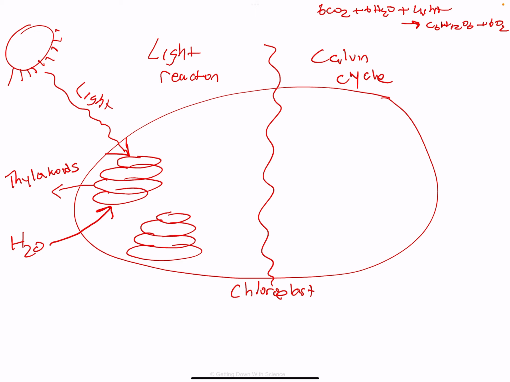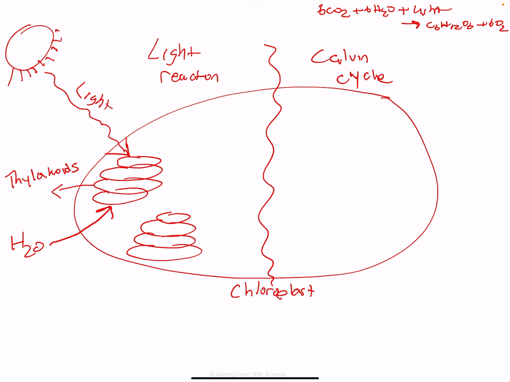Well, what happens, everyone, when light enters a thylakoid and H2O also enters a thylakoid? What gets created? All right, so I'm pausing for a second because I want you to think about that question and answer it to yourself before I write it out. What is the point of the light reaction? It is to convert solar energy into what?